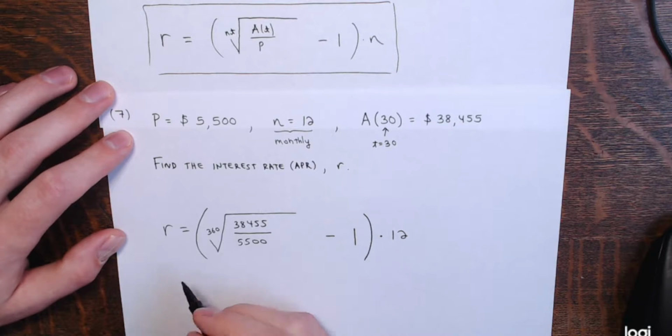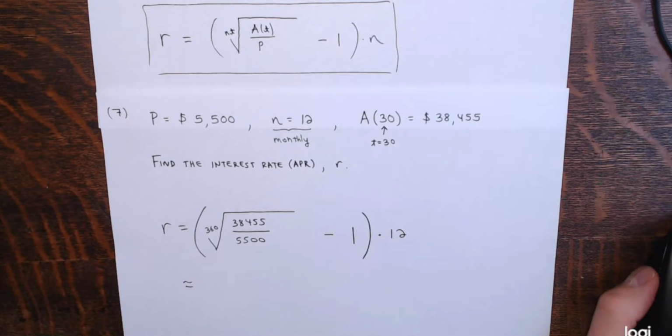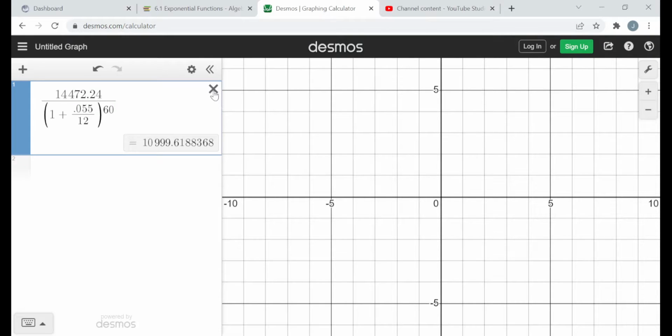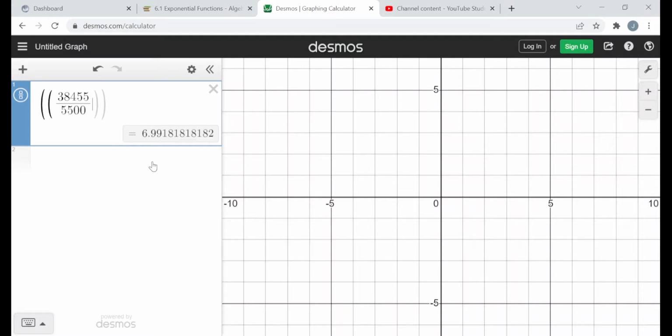All right, so I'm going to go to my calculator. In parentheses now, instead of writing the 360th root, I'm just going to do that to the 1 over 360 power. So I've got 38,455 divided by 5,500, raised to the 1 over 360 power.